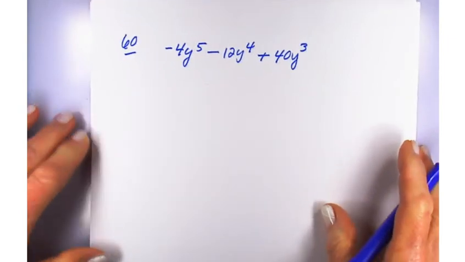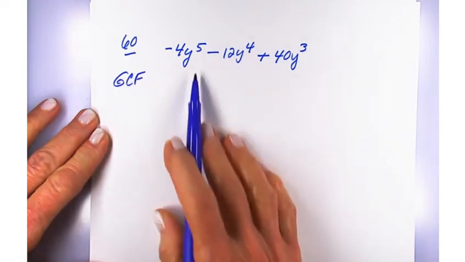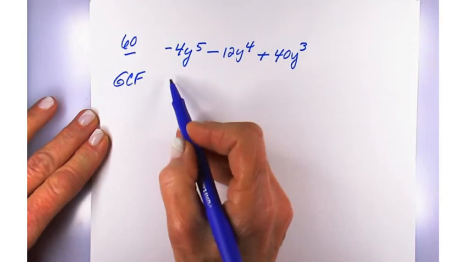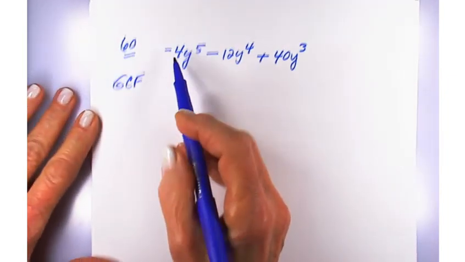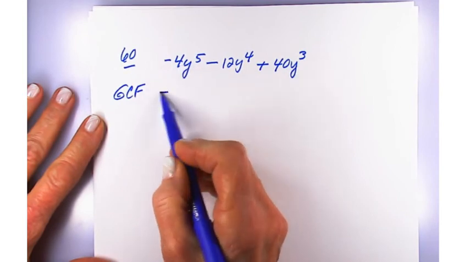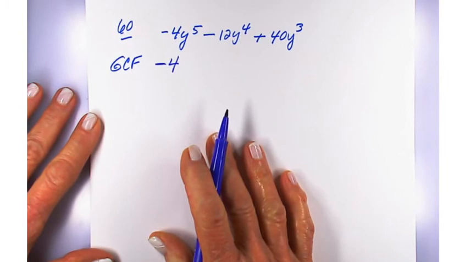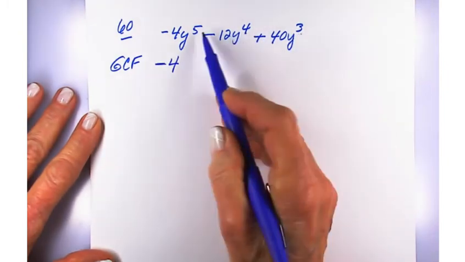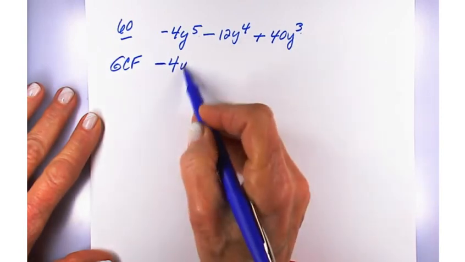So I'm looking for that GCF. Okay, 4 goes into 12 and 4 goes into 40. So I can factor out positive 4 or negative 4. If the lead coefficient is negative, we're going to factor out a negative 4. Okay? And then I have y cubed, 4, and 5. You're going to factor out the lowest exponent appearing.